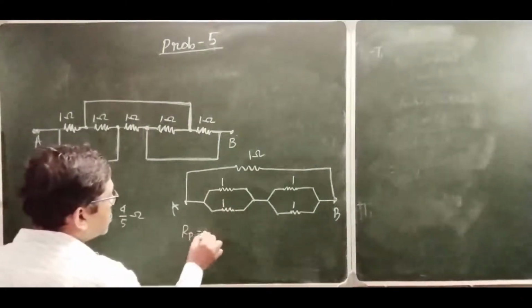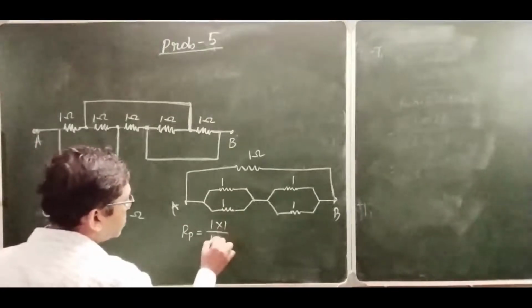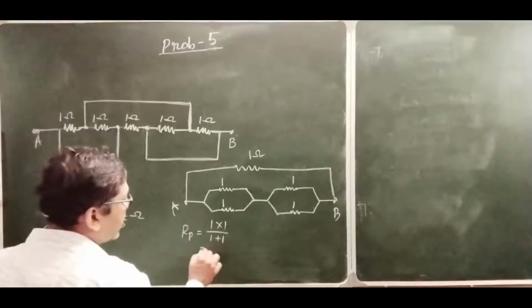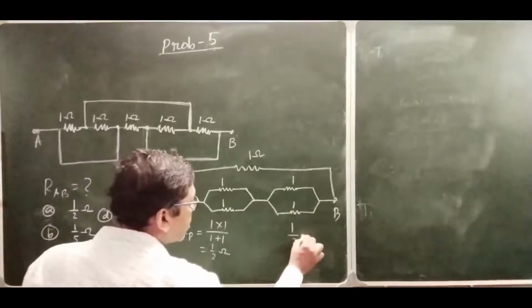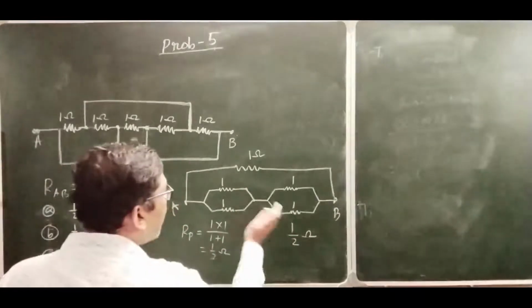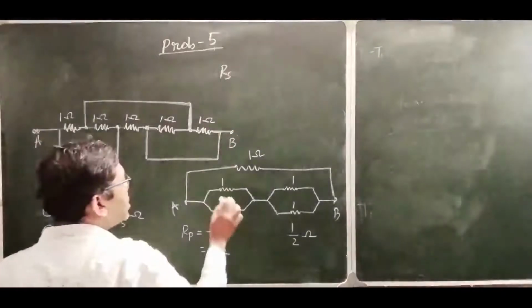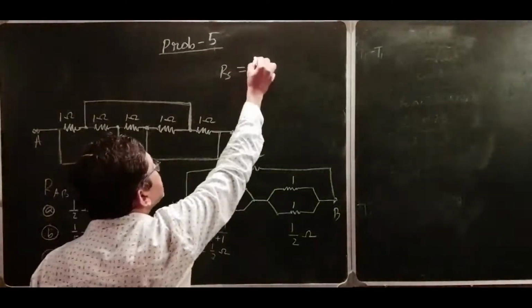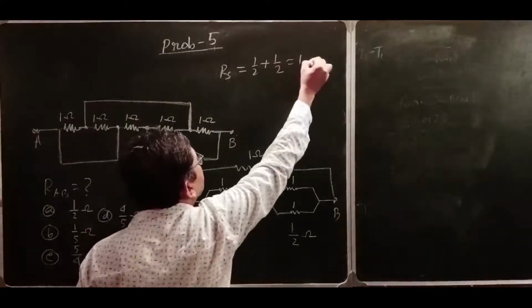Since these are in parallel connection, that means product by sum, that is half ohm. This also yields half ohm. These two half ohm are in series, that means the equivalent of these two sections is half plus half, simple algebraic sum, that is 1 ohm.